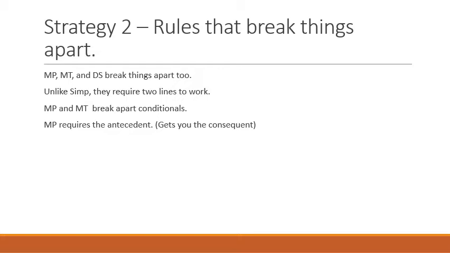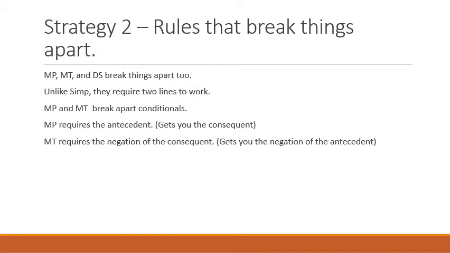So if P then Q, P, therefore Q. And modus tollens requires the negation of the consequent, and it gets you the negation of the antecedent. So that's P arrow Q, not Q, therefore not P. Either way, you're breaking things apart. With modus tollens, you introduce a negation, but nevertheless, you're going from a binary sentence to something that's a little less complex.